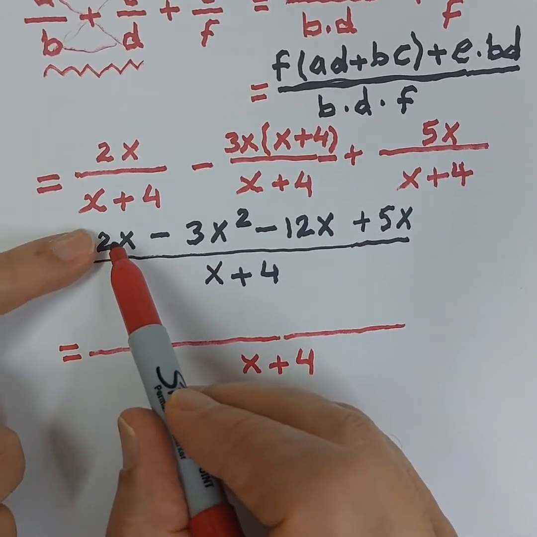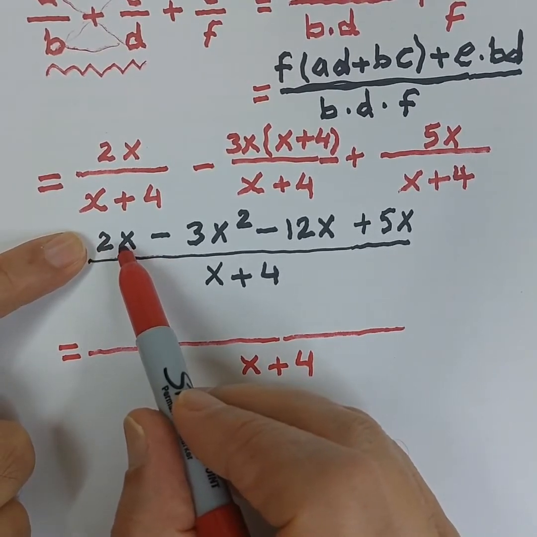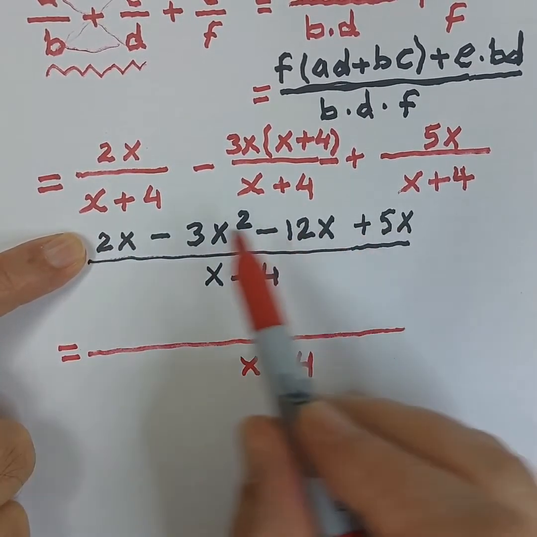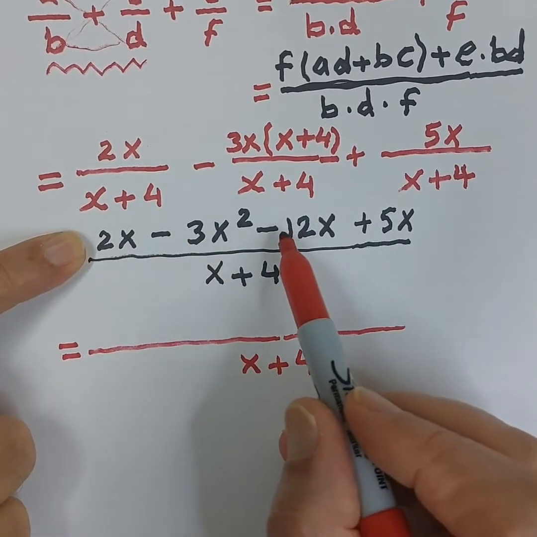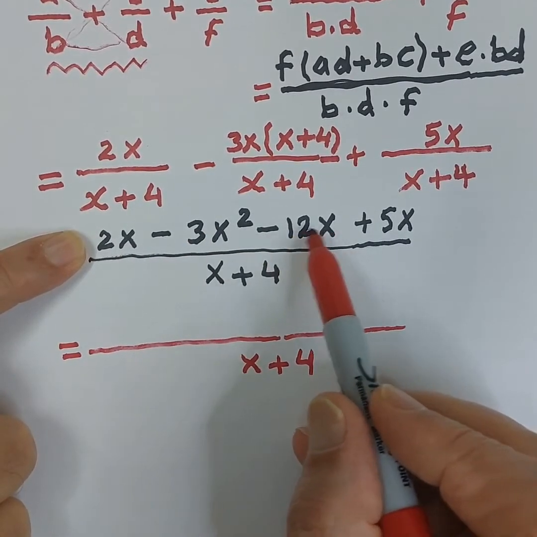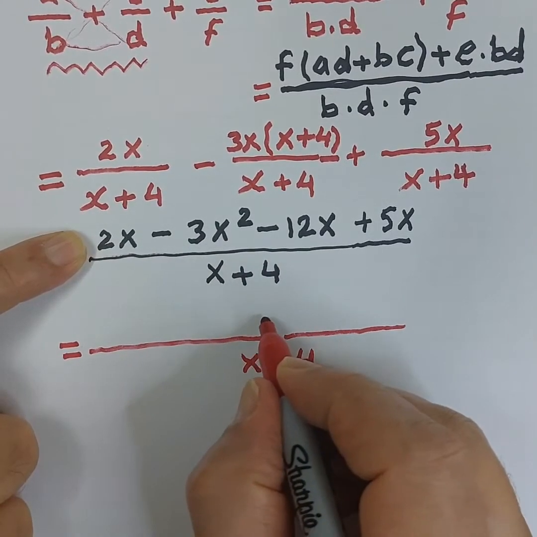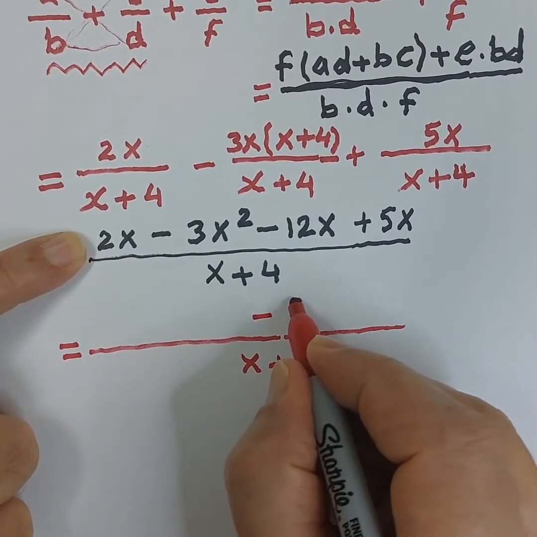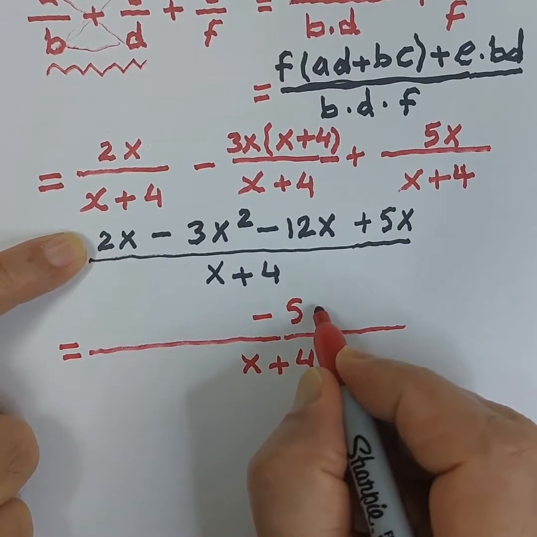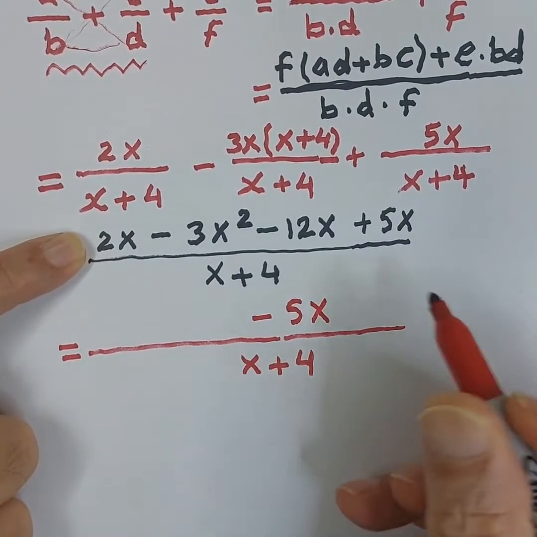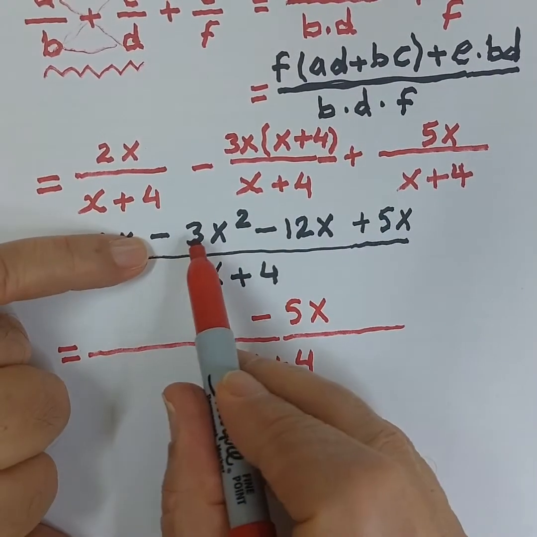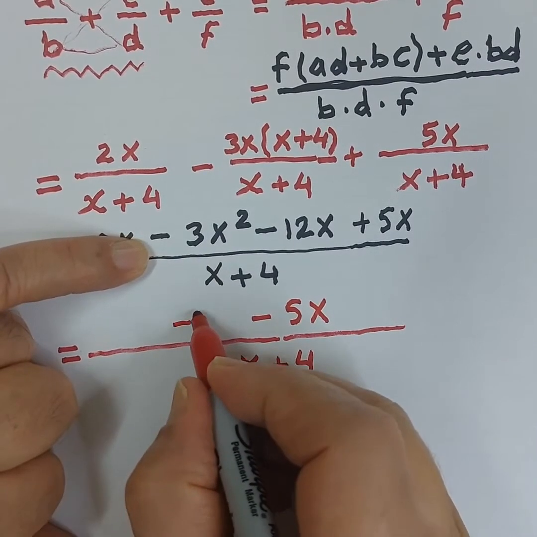Here 2x positive and 5x positive, that means 7x positive, and we have here 12x negative. The result for all those is minus 5x, and here minus 3x squared stays here.